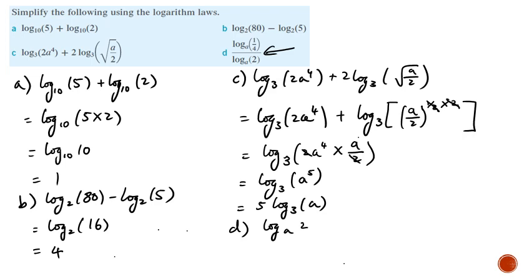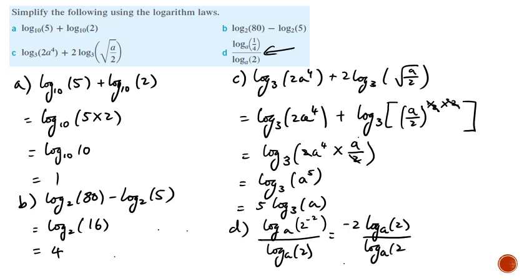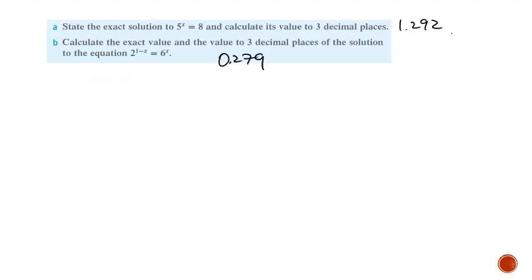Now if I write this in terms of powers of 2, it's a fraction, so you get a negative, and 4 is 2 squared, so we get negative 2. But then we can take the power down. So then you notice you have log a of 2 and log a of 2, they cancel out, so we're left with a negative 2.